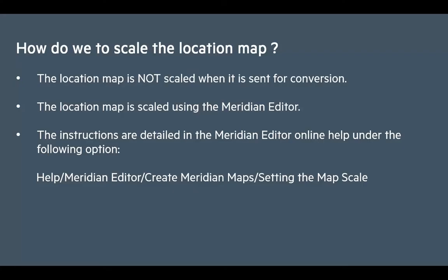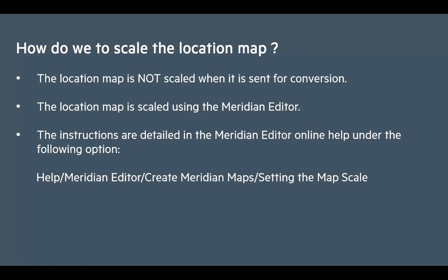So we've shown you the typical issues and symptoms of an incorrectly scaled map on the various applications. So now let's run through how to scale a location correctly. It's worth noting the location map is not scaled when it's sent for conversion, even if there is scaling information available on the map.